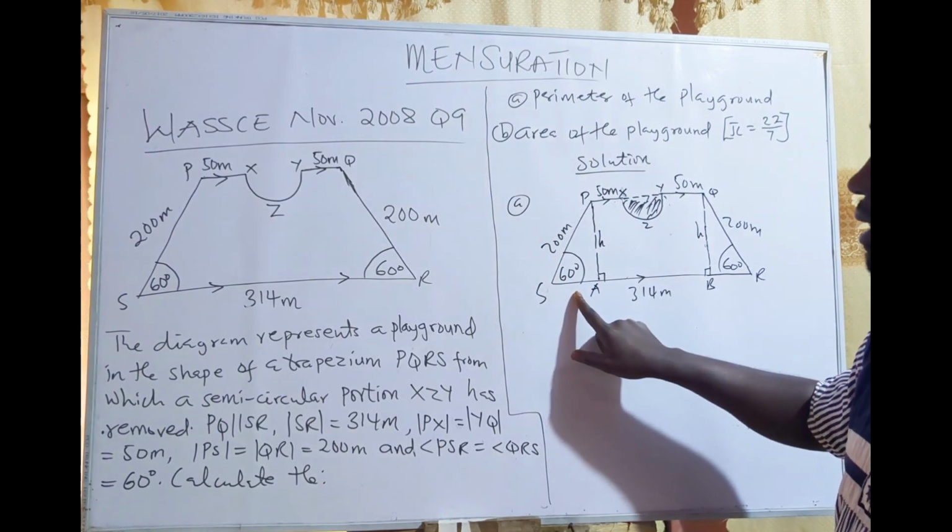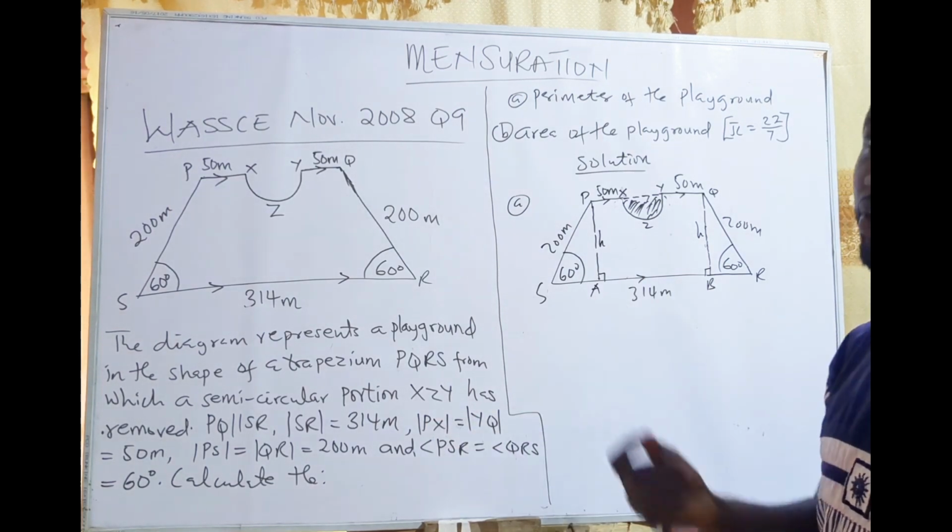What I'm going to calculate here is the adjacent. Adjacent on hypotenuse, we use cos.